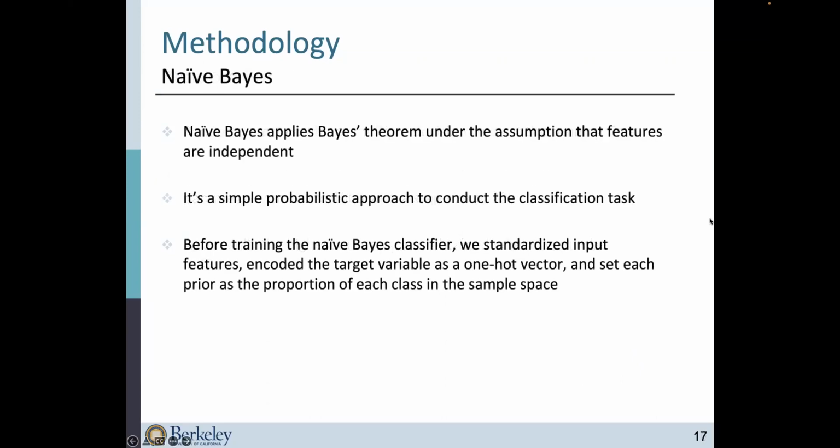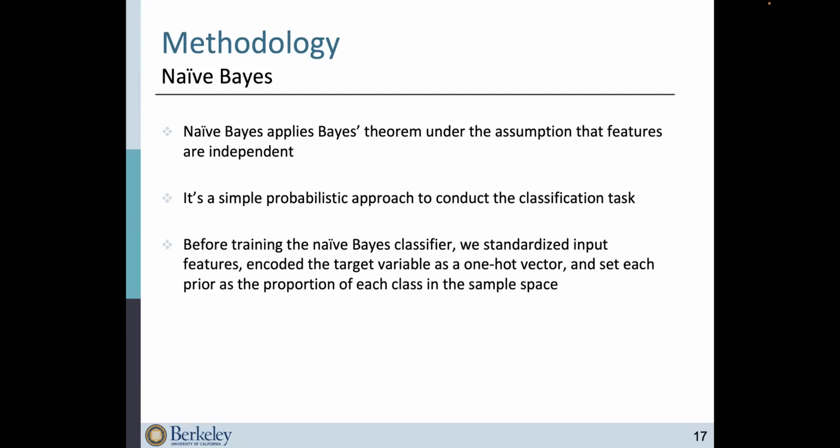And yeah, also we use the naïve Bayes method, which applies Bayes' theorem under the assumption that features are independent. So it's a very simple probabilistic approach to conduct the classification task. Before the training process, we standardize input features.